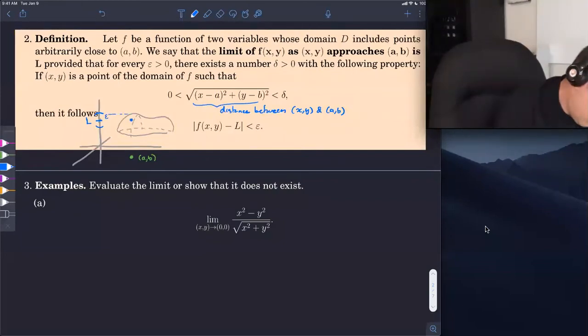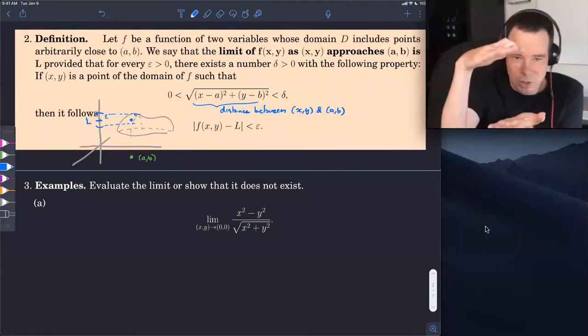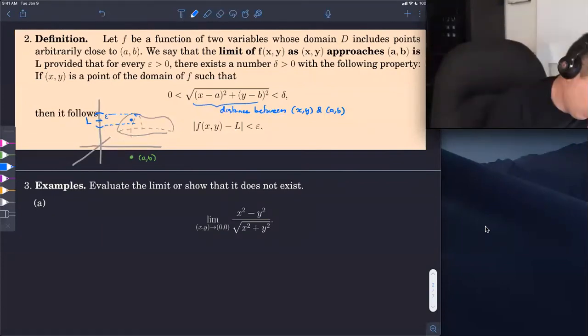little epsilon neighborhood sort of sandwich around this point L, and I can find some circle. This is my delta circle, radius delta.